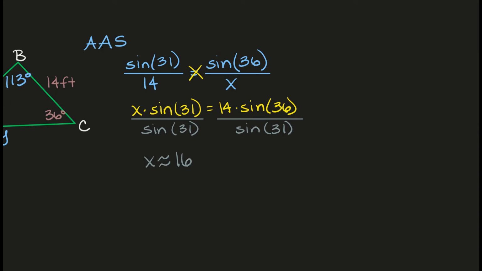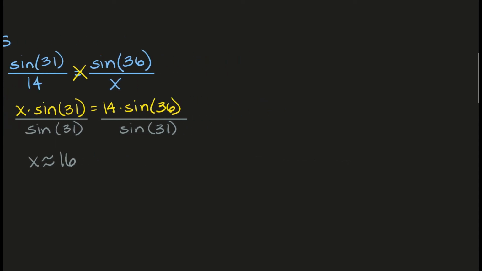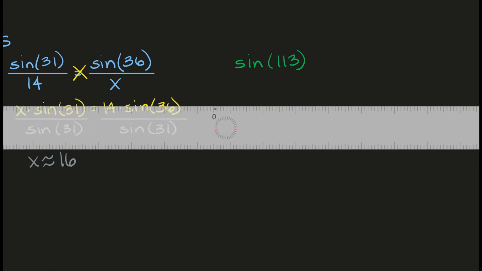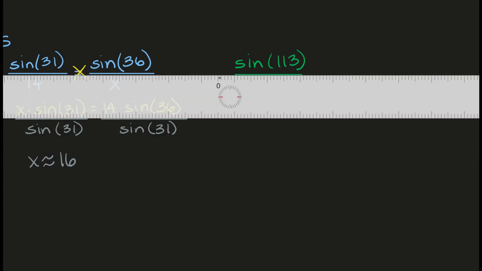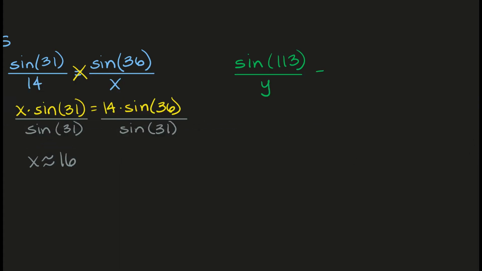So I'll come over here and I'll say sine of 113 divided by y. This should equal, and I'm going to use the same ratio as before that was given to me. So they gave us angle 31 and the leg length 14.